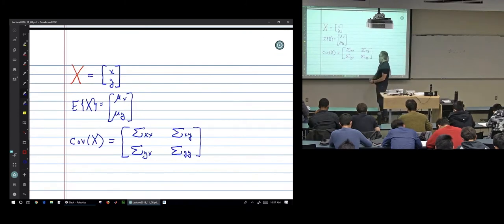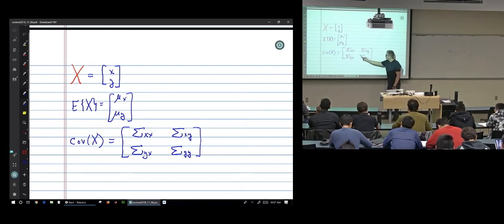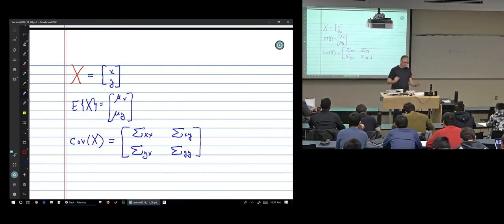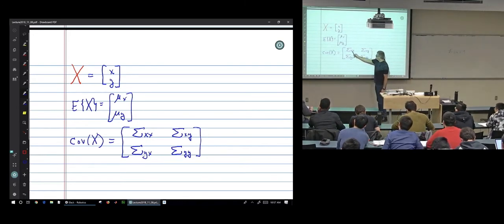So when we do the covariance of the vector, this block is just the covariance of x, this block is the covariance of y, and then we have the correlation between x and y, and this one is its transpose. You can do that little exercise at home, or you can believe it. Now we know this, that's part of the problem statement.